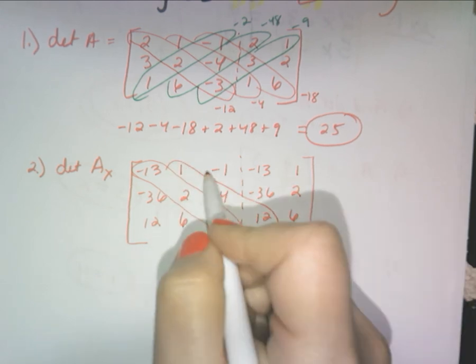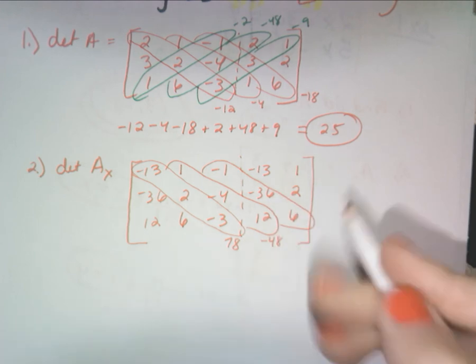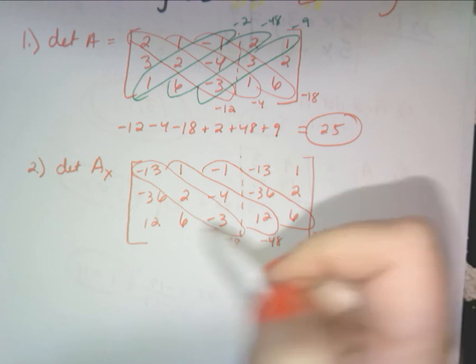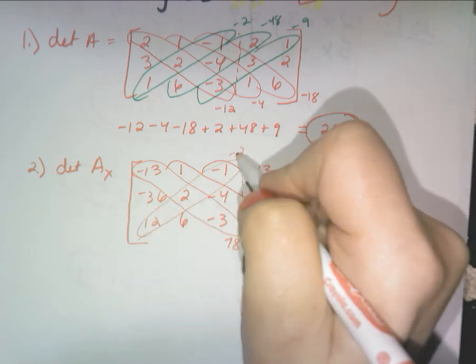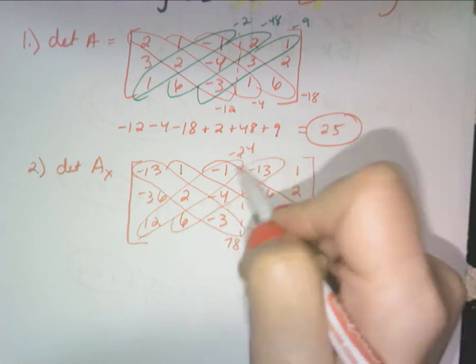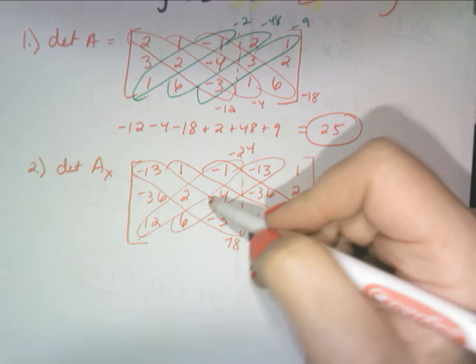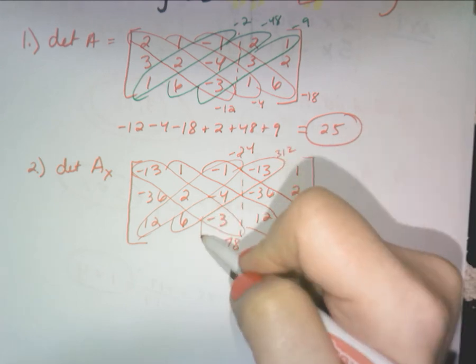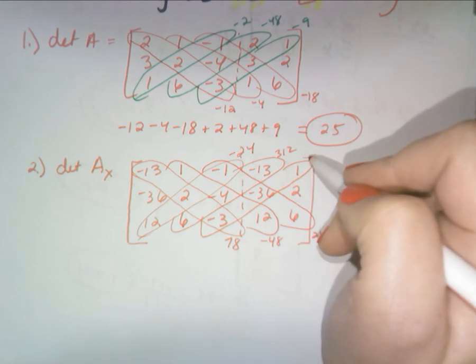-48. $216. And we'll go this way. So that'd be -24. 24 times 13, 312. $108.